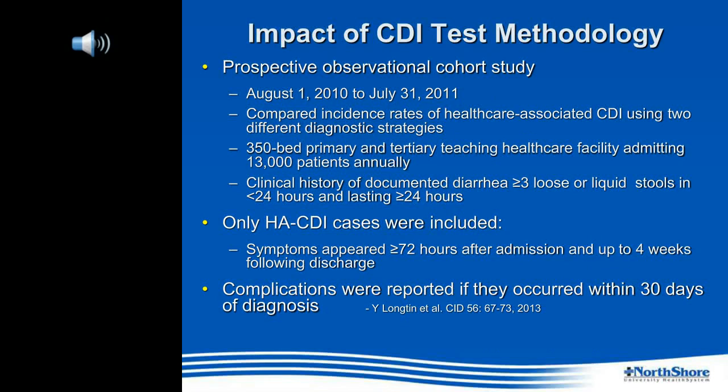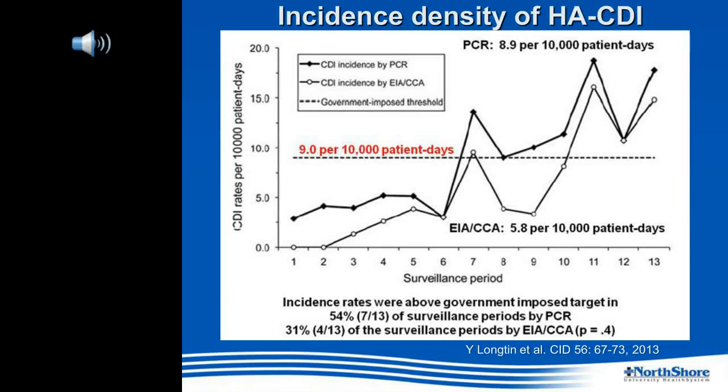What difference does it make what test you're using? Do you get too many false positives, true positives? And this is looking at another study where they reported complications occurring within 30 days, and they were specifically looking at what combinations of tests gave you complications, in trying to decide what tests actually were really telling you who had Clostridium difficile infection and who might be colonized.